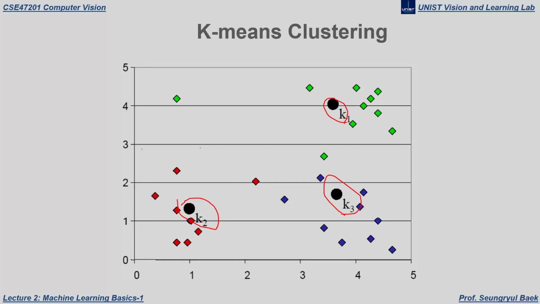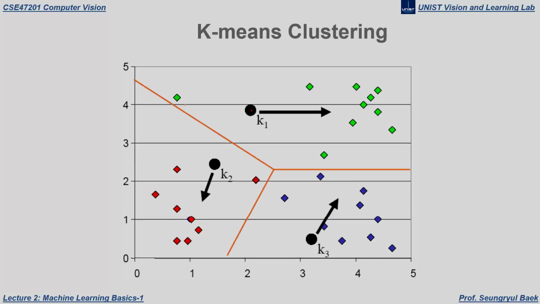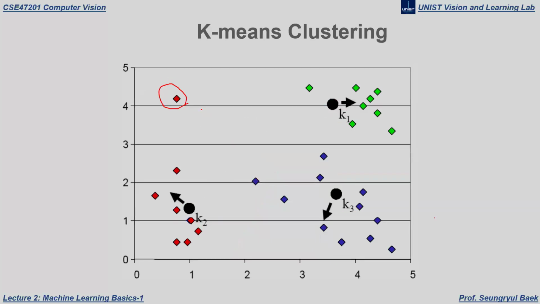And then you iterate this, and you again assign all the samples to one of K1, K2, K3 by calculating the Euclidean distance to them. Previously, for example, this leftmost sample was green for the randomly initialized K1, but now it becomes red.